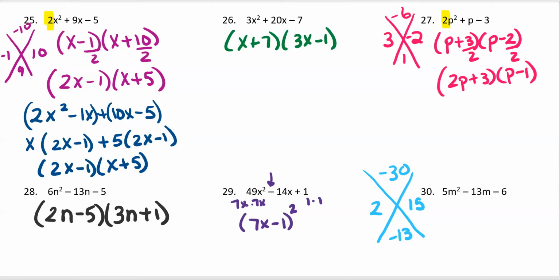Because we need a negative 30, so only one of our factors can be negative. But we need a negative sum.